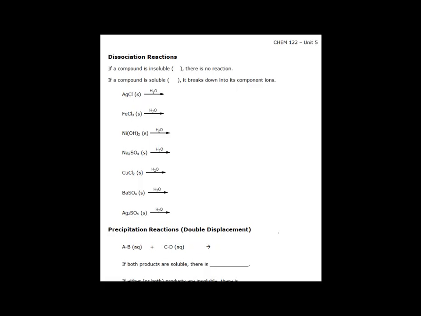So the first type of reaction where we're going to apply our solubility rules is to dissociation reactions. Remember that dissociation reactions, you have a compound, I'll just say XY, in a solid state. You add water. If it's a strong electrolyte, then it breaks up into its component ions.